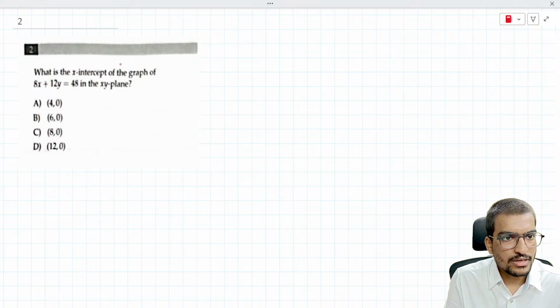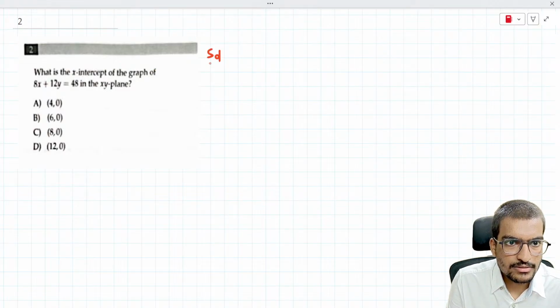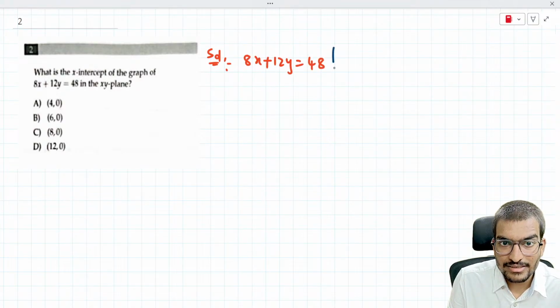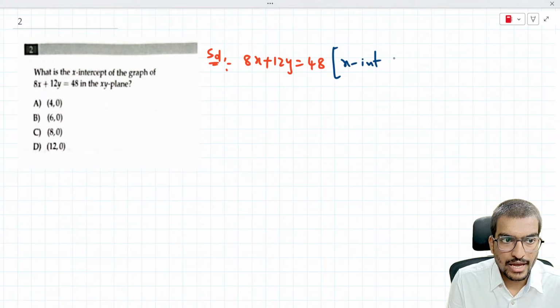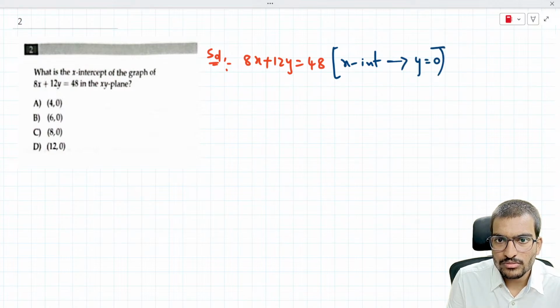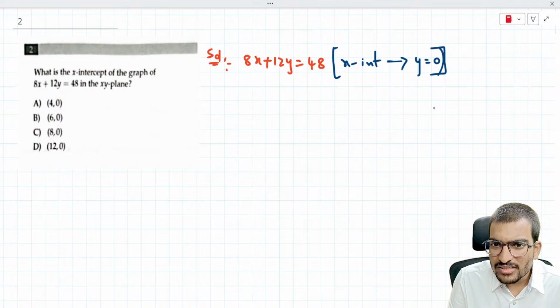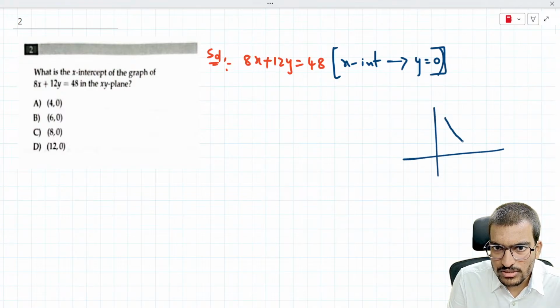Yeah, what is the x-intercept of the graph of 8x plus 12y equals 48? They're asking for the x-intercept of the graph. So here, what do we mean by x-intercept? At the x-intercept, the y value equals 0, which means the line is crossing the x-axis.